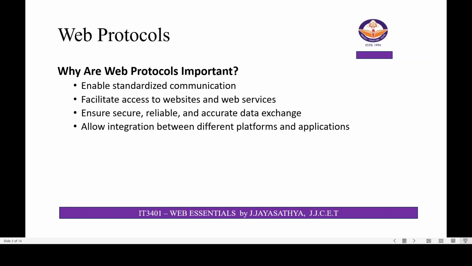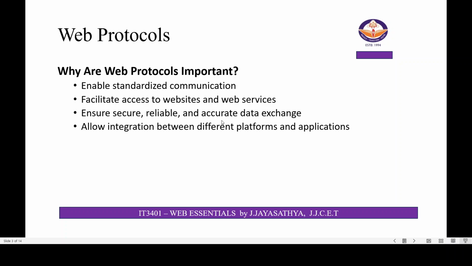The next, why are web protocols important? It enables the standardized communication. Yes, the standardized client-server communication is achieved only because of web protocols, and it facilitates the access to websites and web services, and also it ensures the secure, reliable and accurate data exchange.